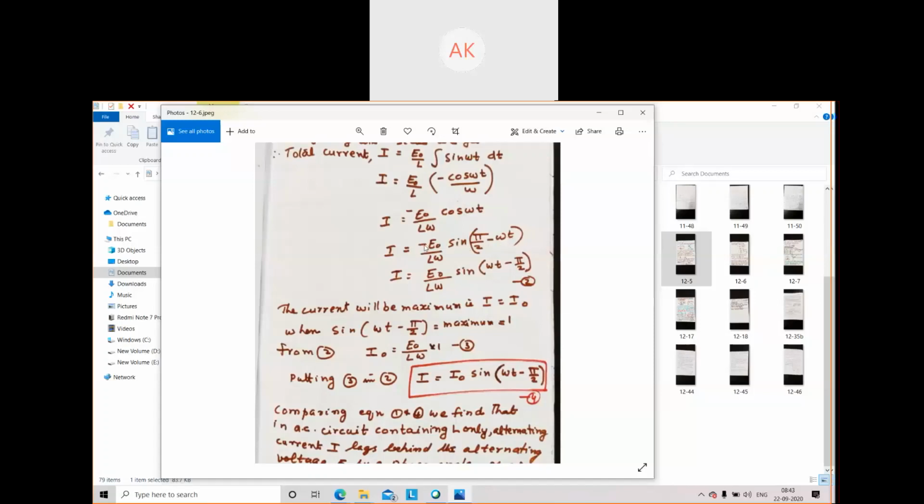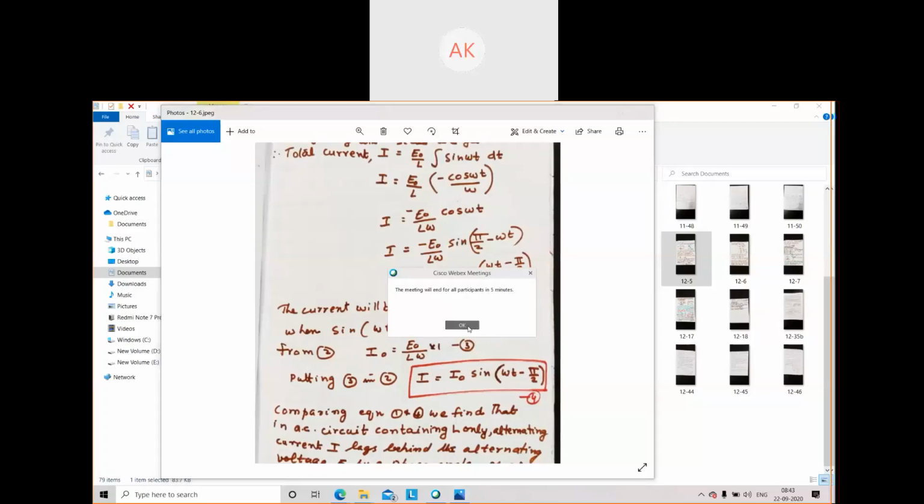So the negative sign is already present here. When we multiply the negative sign with the minus omega t, that becomes positive. So we get omega t minus pi by 2, and this factor is the peak value of current, that is I0, E0 by XL. That's why we took XL equal to L omega.